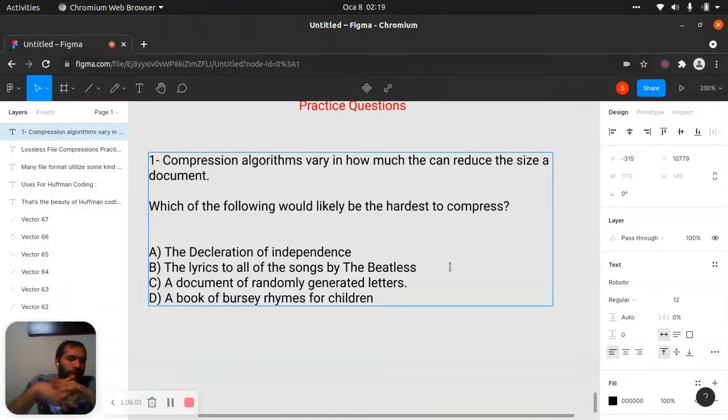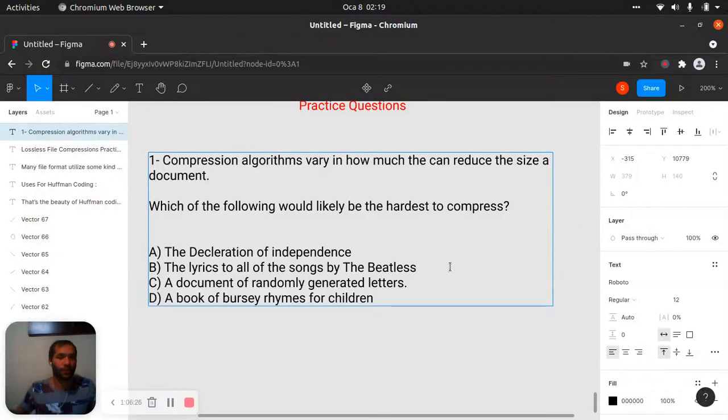When there are recurring things, we will represent them with one bit, or some bits. Whichever one is recurring too much we will represent with fewer bits, and whichever is recurring less than the others we will represent with a little more bits.